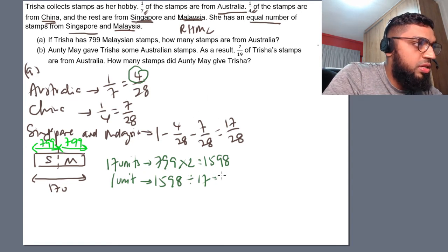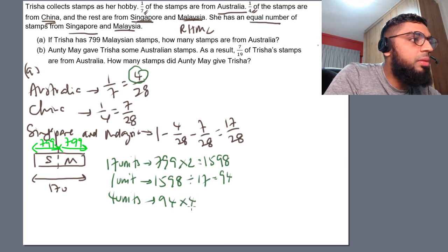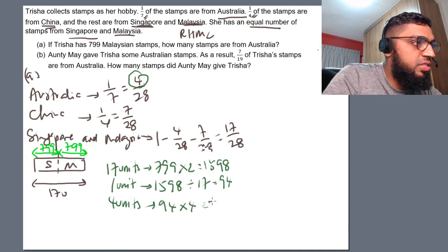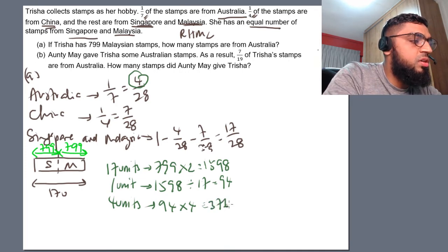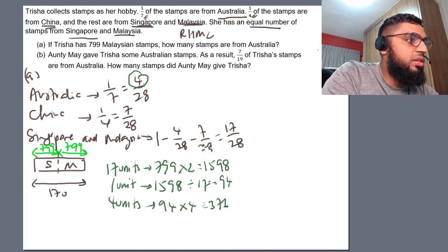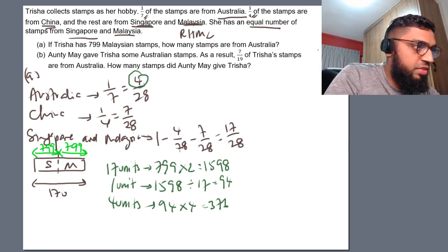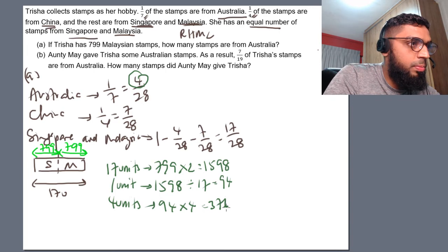So this is 94 stamps, and I need to find the Australian stamps, which is 4 units, which is 94 multiplied by 4. That gives me an answer of 376 stamps for the Australian stamps. So 376 is the answer for part A.